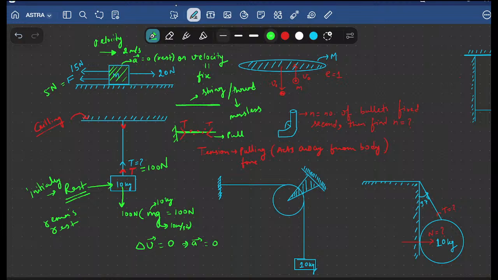And if the acceleration is zero, the net force must be zero. If the downward force is 100 Newton, then the upward force must also be 100 Newton, so that these two forces, equal and opposite in direction, will balance each other, and therefore result in a net force of 0 on the body, and that's why the body will remain at rest.